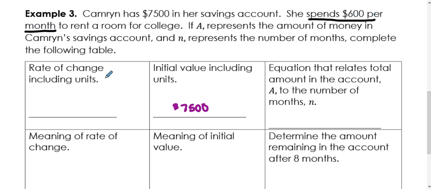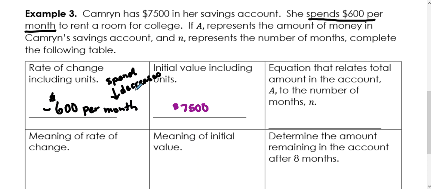So when you spend money, all right, which my wife is really good at, the amount of money decreases. All right, so actually the rate of change is negative.